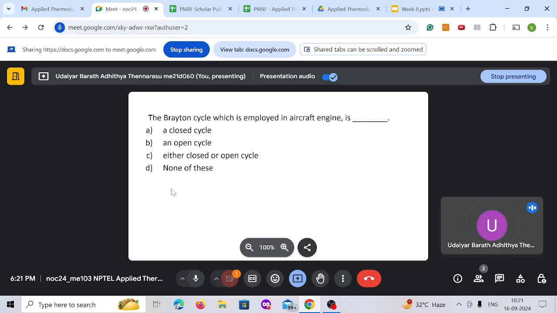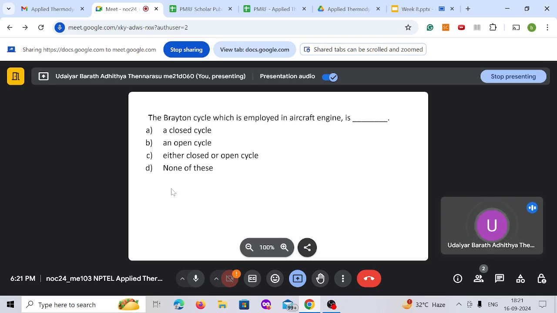The fluid doesn't go around in a cycle, just like what we saw in a diesel engine or a compression ignition engine or a spark ignition engine. You are taking in air and you are having an exhaust. Similarly, in an open cycle, you take in some amount of air, go through this process, and instead of heat rejection, you just dump it, which is equivalent to doing heat rejection.